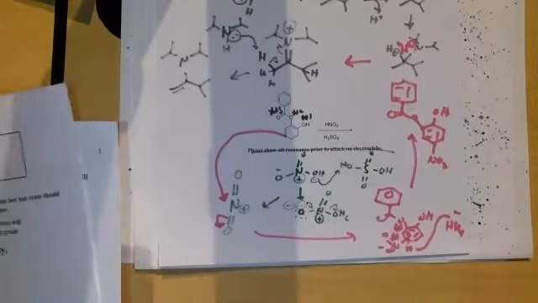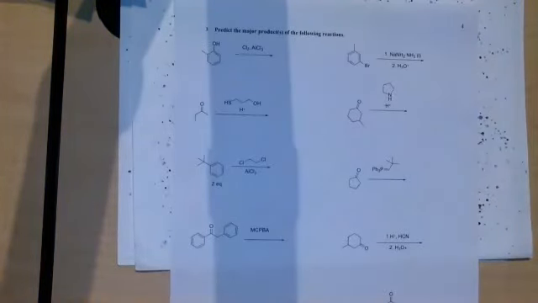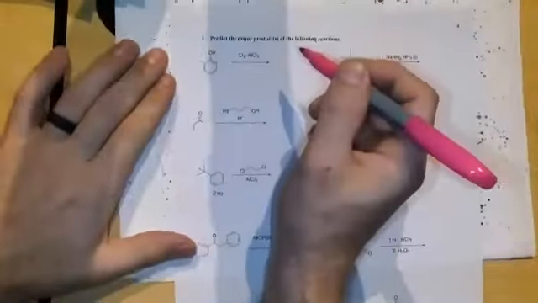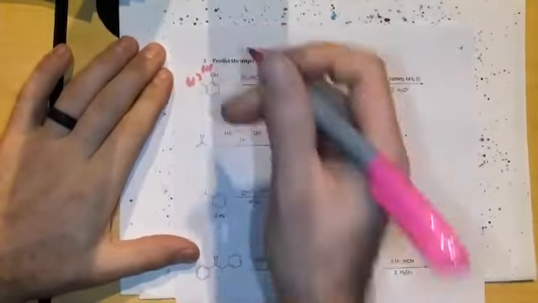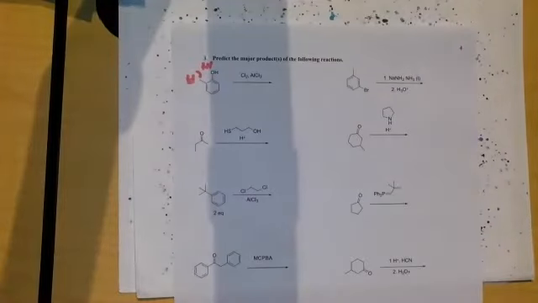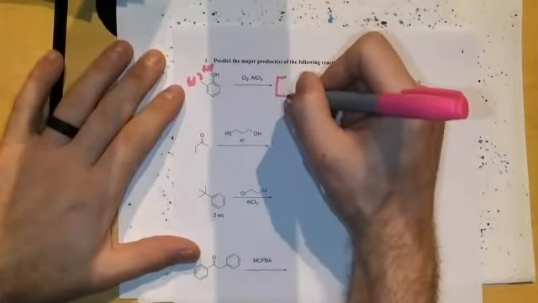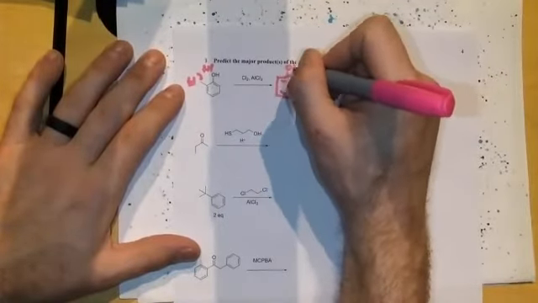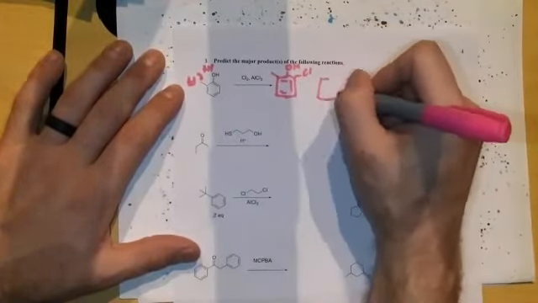So this little page I didn't talk about, let's take a look at this. The first one is a chlorination. We've got Cl2, AlCl3. This is a group 1. This is a group 3. We're going to favor our group 1. Oxygen's really small, so we can get either the ortho or the para product for this one.